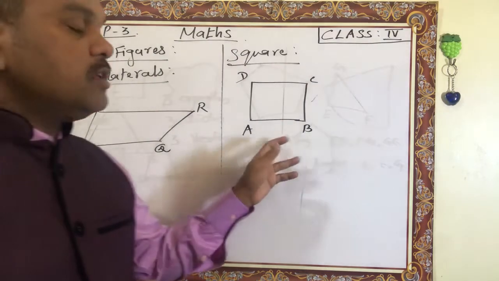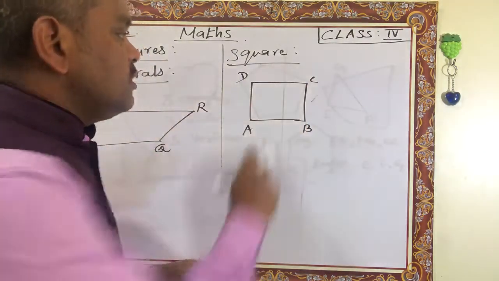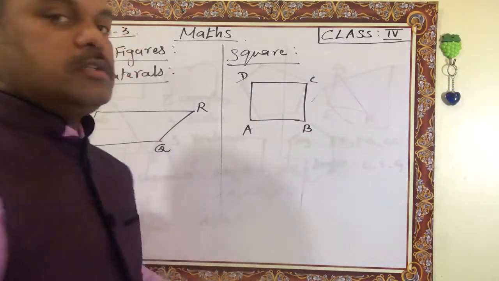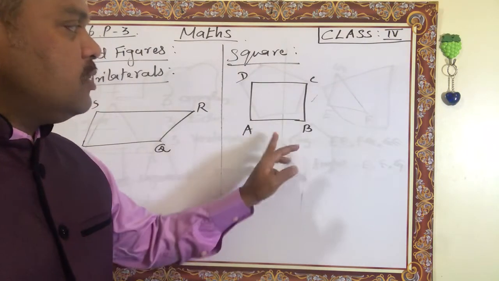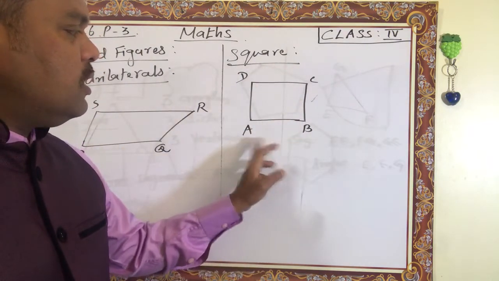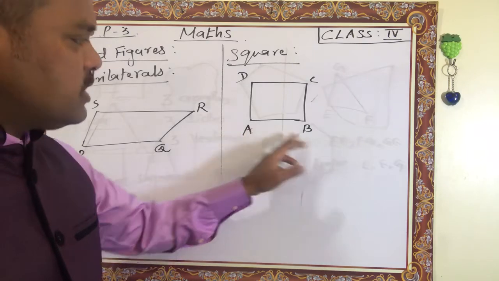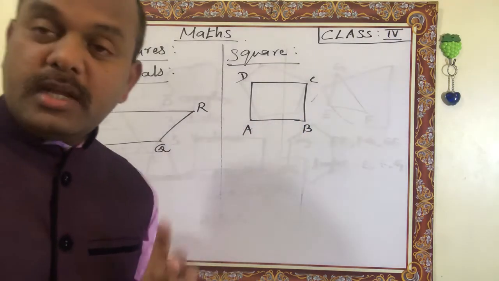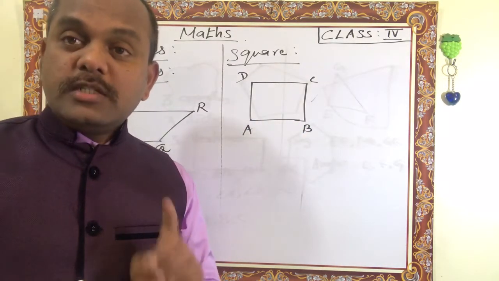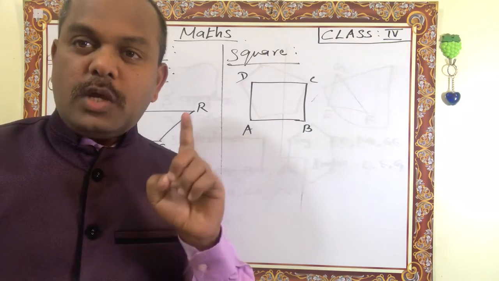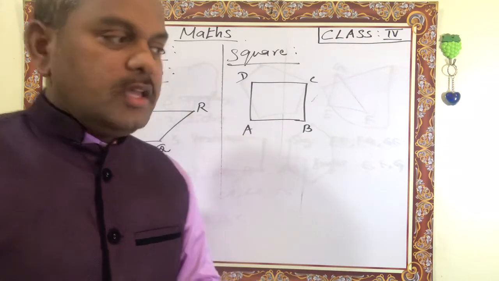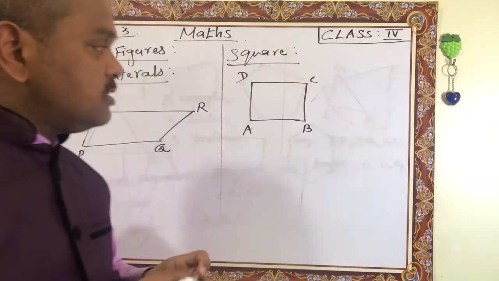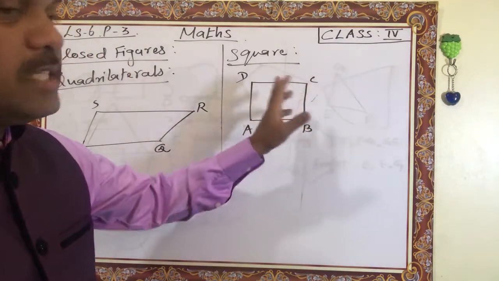Square is a quadrilateral because why? Square also has 4 sides, 4 line segments, 4 vertices, 4 angles. But in a square, all sides are equal. This is surrounded by 4 line segments, no?